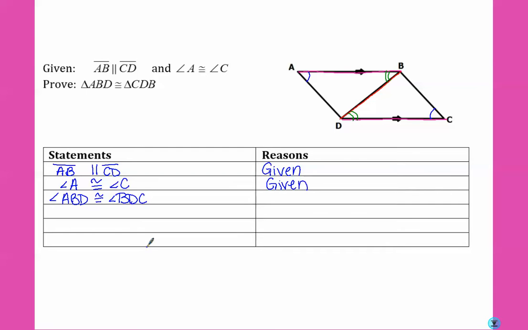And the reason we know this is alternate interior angles are congruent. Proofs can be a lot of writing, so I like to use some of our symbolic notation to help us out. Now, because these two triangles are stuck together and share the side BD, we know that those are congruent because of our reflexive property.